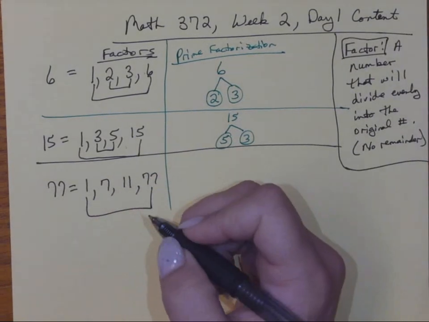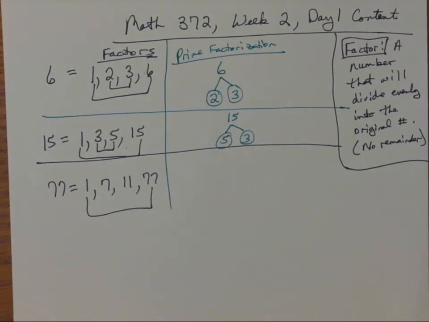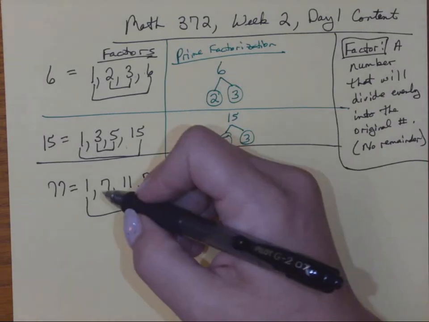And 7 and 11, probably most of you know your rules for 11s. Most of you know that if you've got a double, that it's probably divisible by 11 whenever you look at it that way. So 7 and 11 pair up, so that's cool.